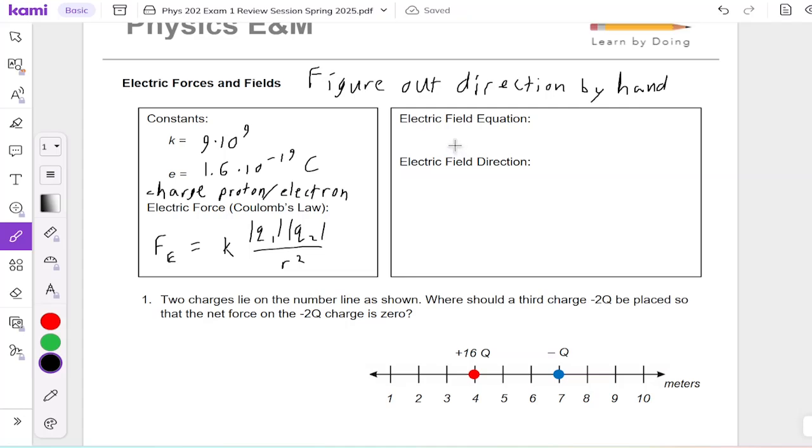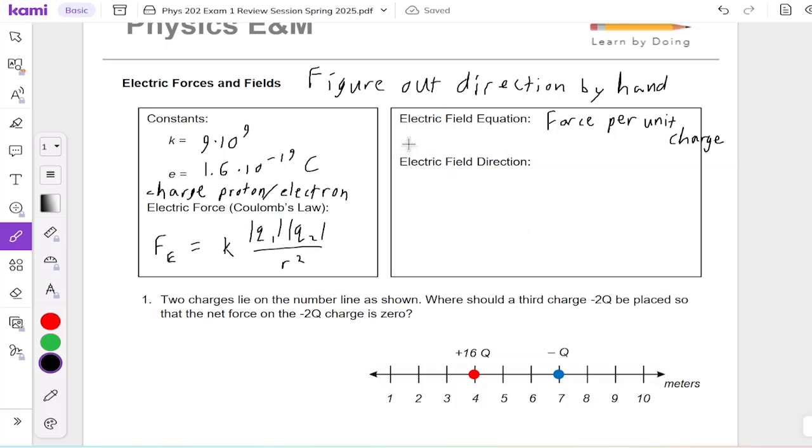Then we have electric field. A lot of students don't really know what electric fields are, and I'll tell you, electric fields are force per unit charge. Which essentially means if you're a really big charge, you're going to feel a really strong force. That's an oversimplification of the definition.